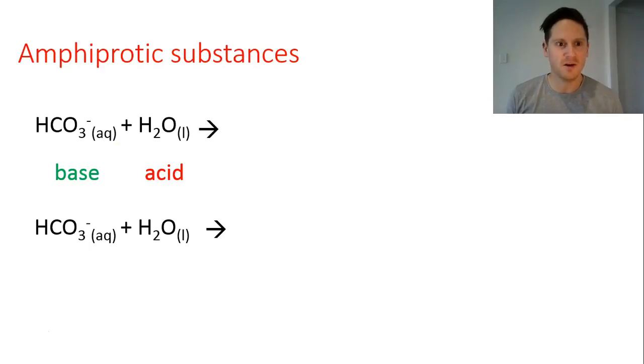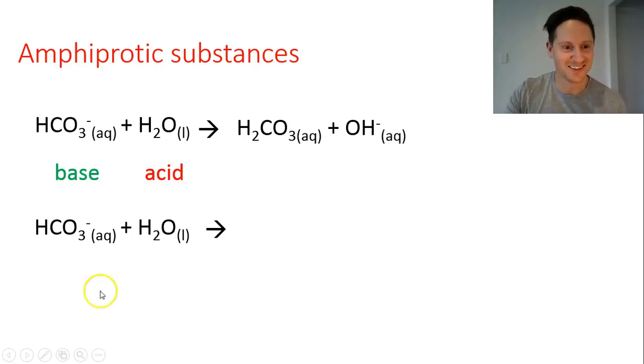Try to pause the video and write out what you think the products will be. Give it a go. Hopefully this is what you came up with. So the acid is going to donate a proton to form hydroxide, and the base is going to accept the proton to form hydrogen carbonate or carbonic acid.